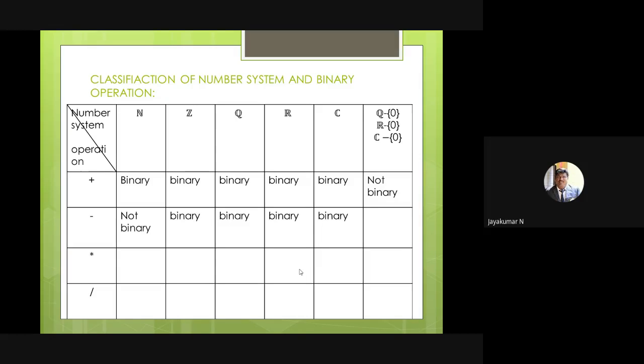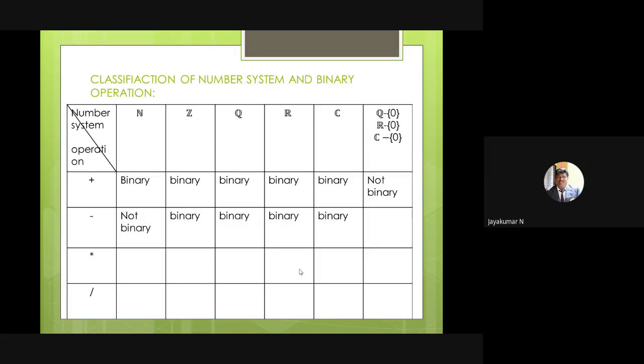Now tell me, is subtraction binary or not binary in Q minus 0? Anyone answer me. Faizan Ali, try to answer me. Try to prove not binary.